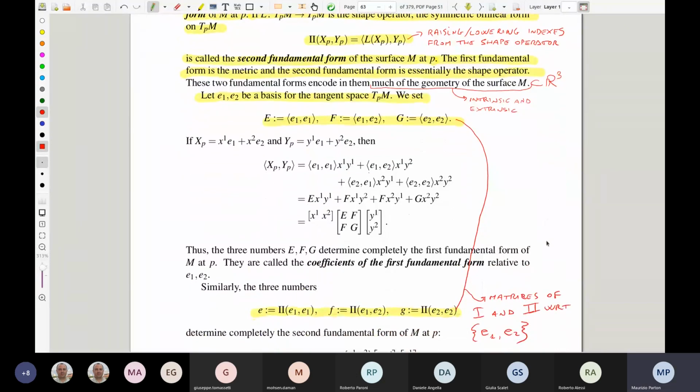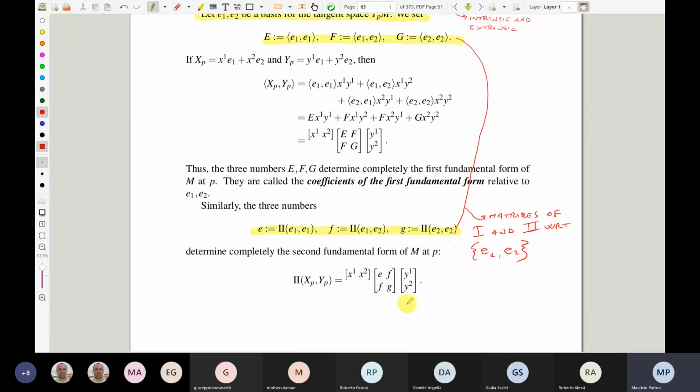And if you take any basis for the tangent space, then you have the famous coefficients that you can recognize. And the metric is just this. And with the small symbols, you denote the coefficients of the second fundamental form.